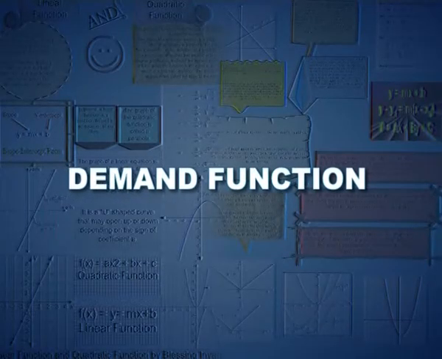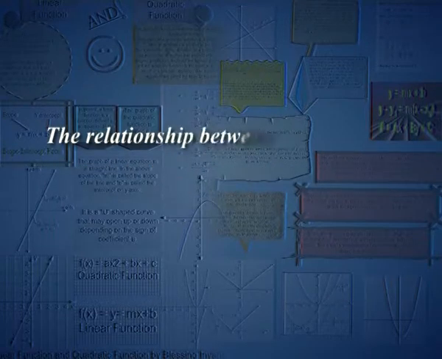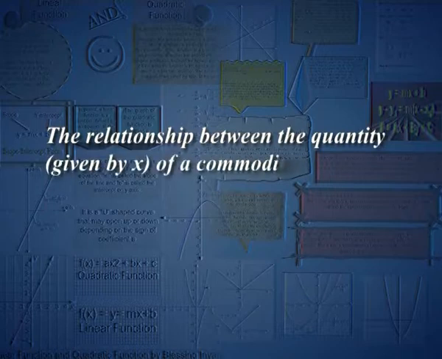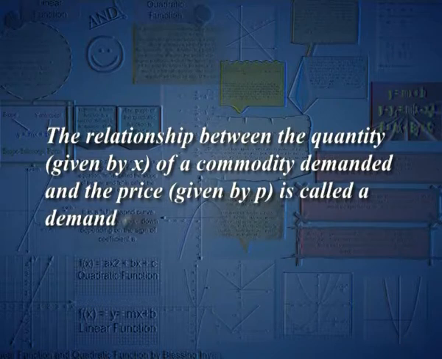Now let's see some important types of functional relationships which are commonly used in mathematical economics. The first one is the demand function. Now let's see what is a demand function. The relationship between the quantity, given by x, of a commodity demanded and the price, given by p, is called a demand equation.